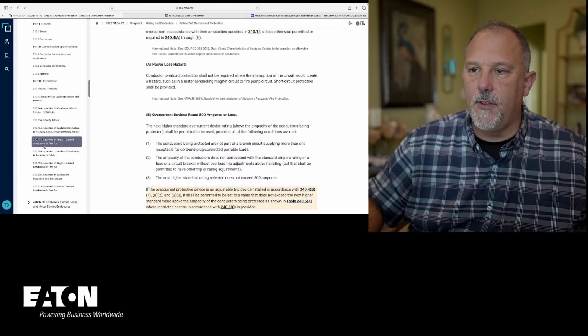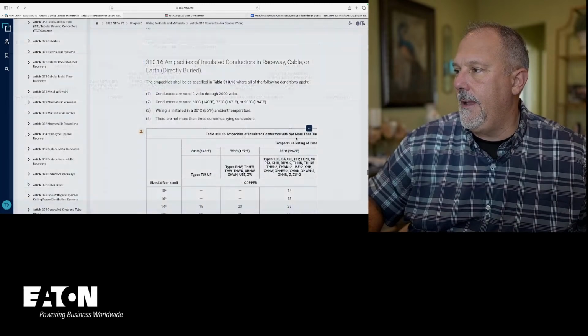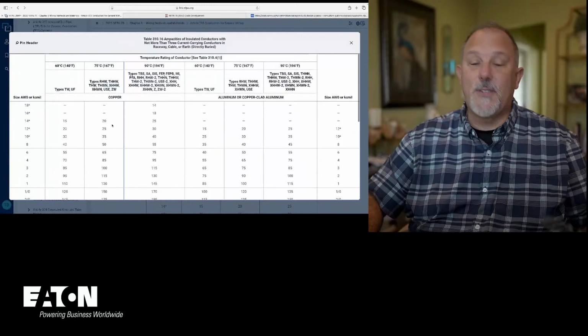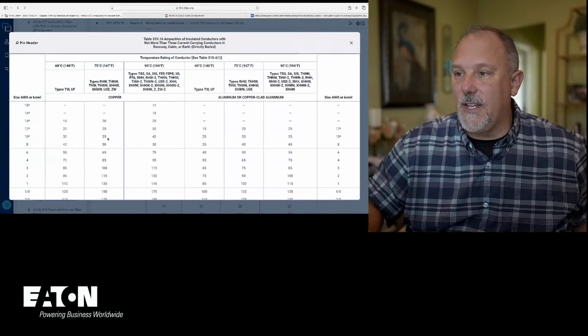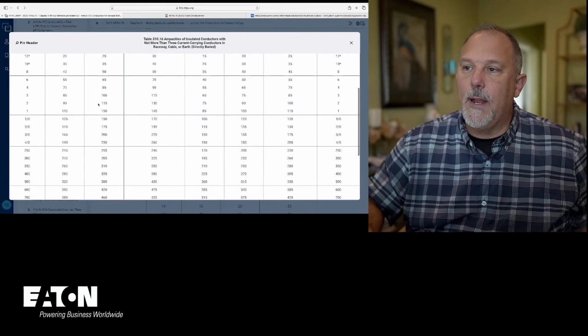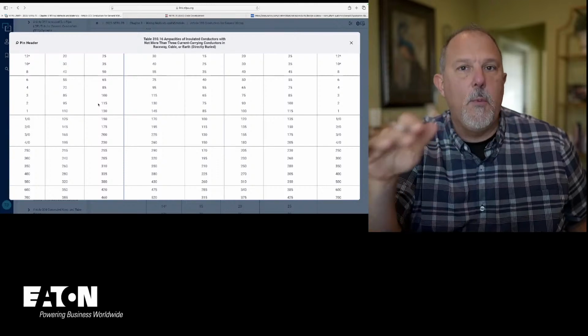310, I'm going to go to 310.16. I'm going to expand this table again. And now 800 amps. So here's what, I'm not going to find a single conductor in the 75 degree column that'll get me to 800. So there are multiple ways to skin this cat.